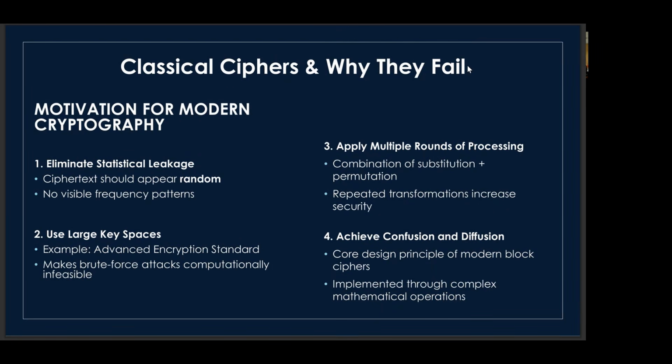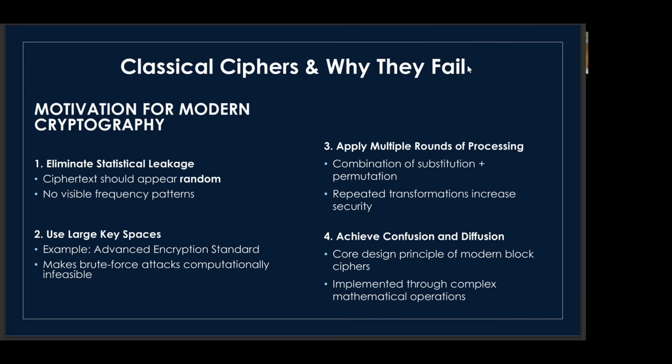Another part here: the failure of the classical ciphers is the motivation for modern cryptography. So AES is actually considered modern cryptography, but for post-quantum, maybe different later. Later we have another class for quantum cryptography and post-quantum cryptography.